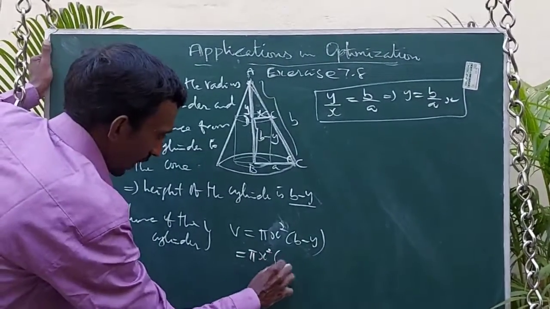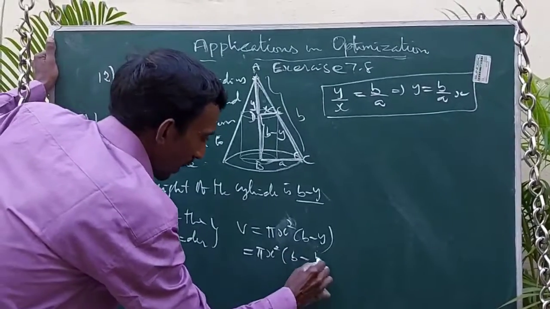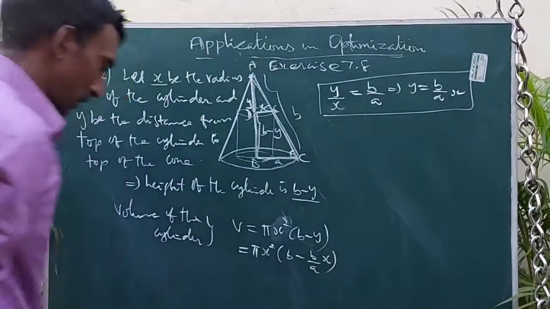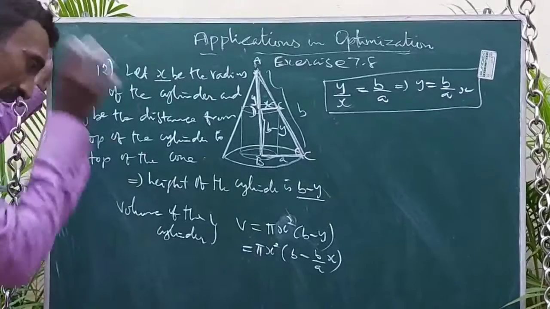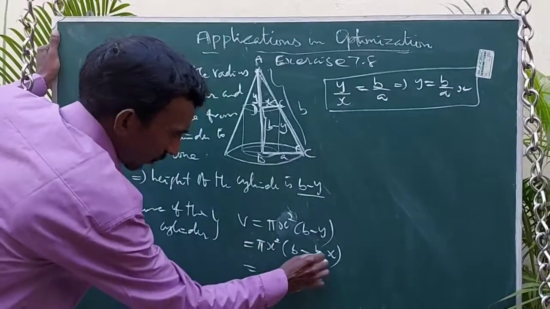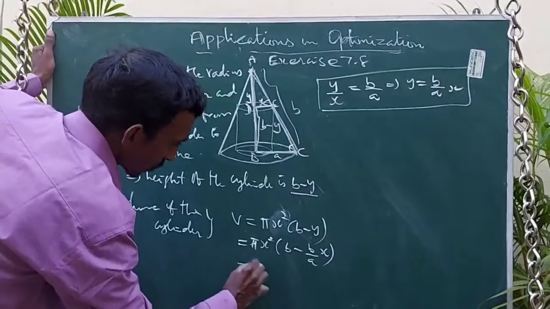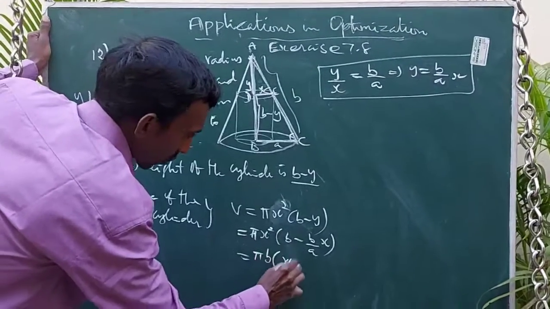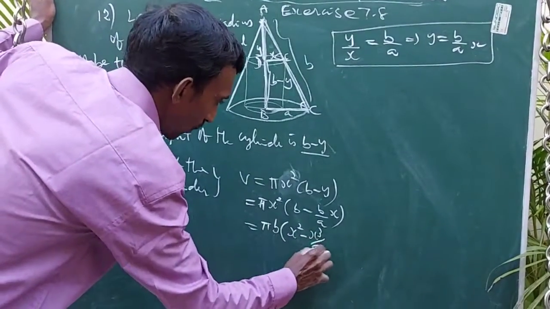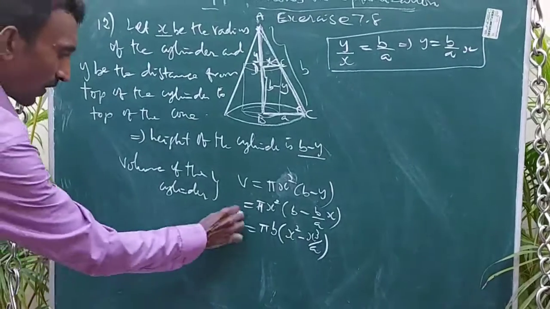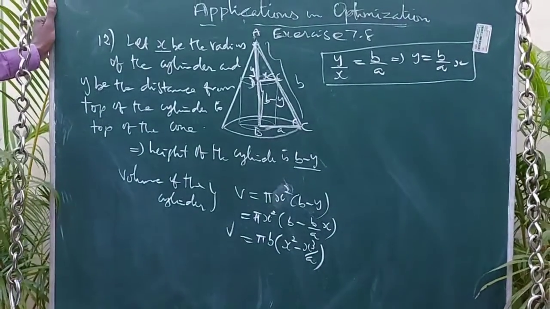So pi x square into b minus b by a x. Now multiply inside, or if you want take pi b in common: pi b into x square minus x cube by a. So now it is converted into a single variable function.